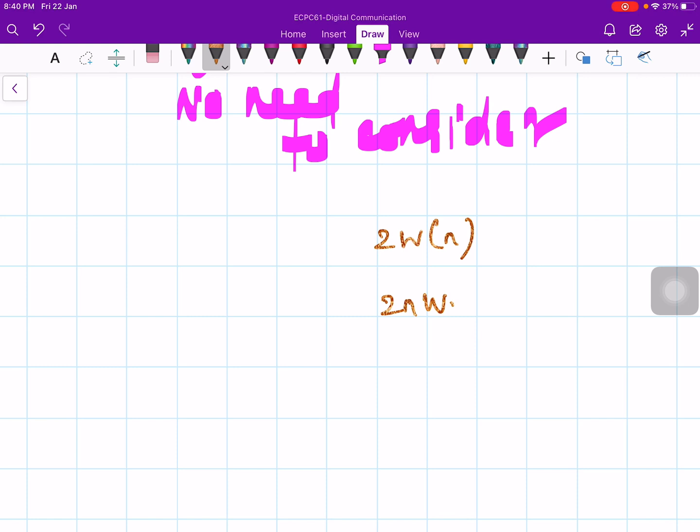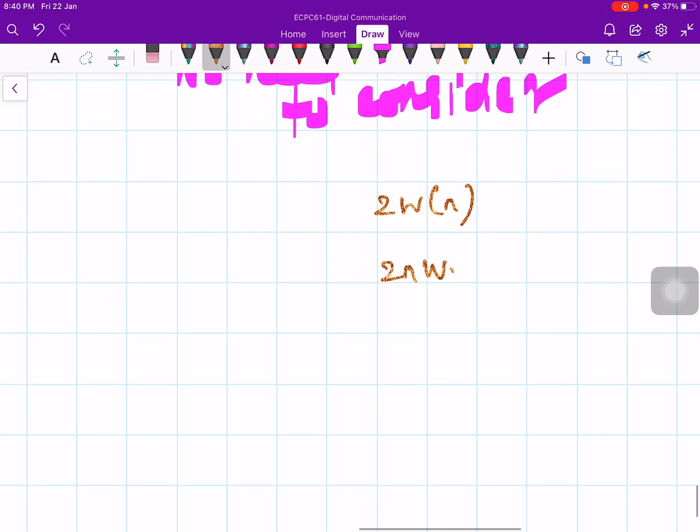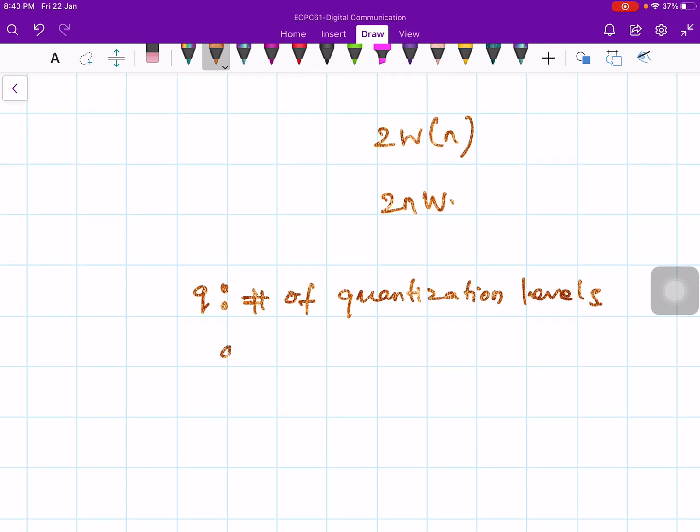Now let us quantify this in a more formal way. As I said, Q is the number of quantization levels, and Q is generally chosen to be 2 to the power n, where n is an integer. The number of bits must be an integer, right?